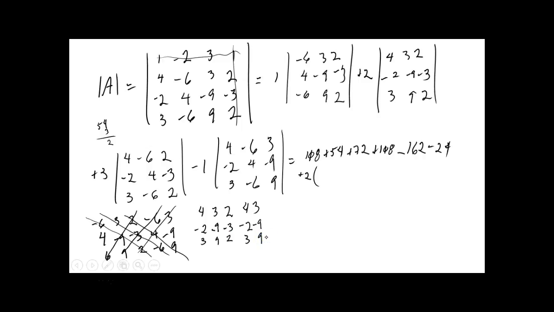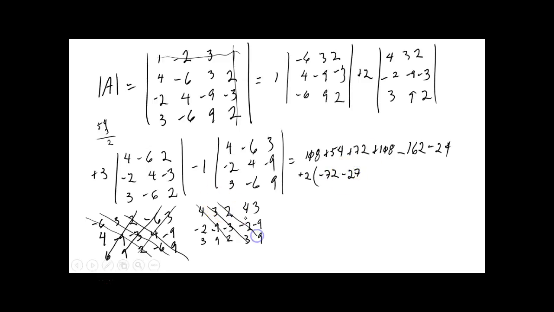Okay. Down diagonals here. 36 times 2 is 72, and that is a minus. Okay. Next down diagonal is also a minus, 27.